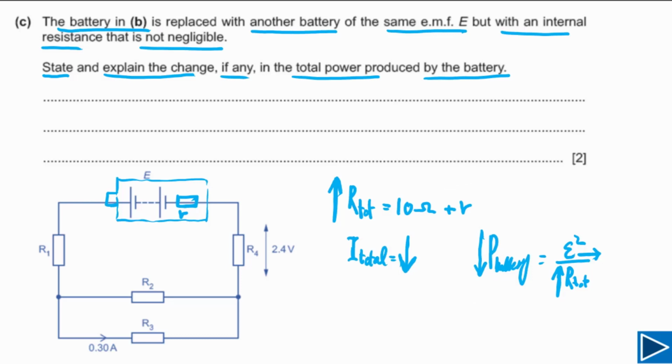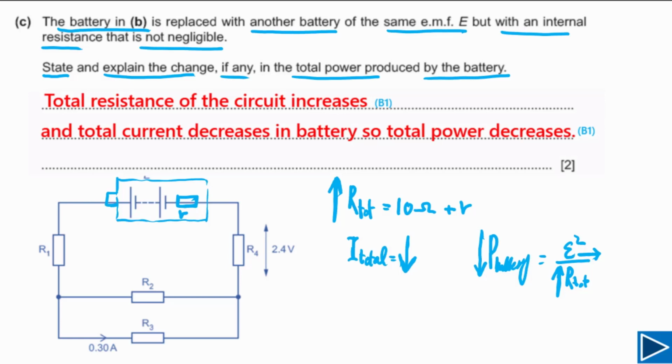Let me show you how you can write a proper answer. This is how you can write down a proper answer. This question has 2 marks. You will get the first mark, B mark, if you have written total resistance of the circuit increases. And you will get the second mark if you have written total current decreases. So the total power decreases.